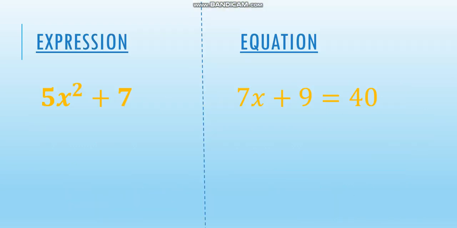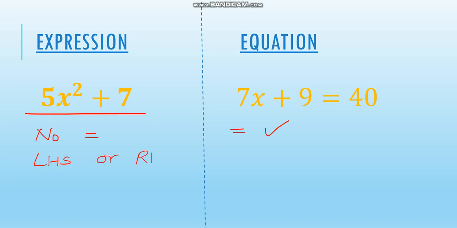Let's take a look and see the difference between expression and equation. As we just talked, expression has no equal to sign. Equation has an equal to sign next to it. Expression doesn't have a left hand side or right hand side. Equation has a left hand side and right hand side. Both of them are available.